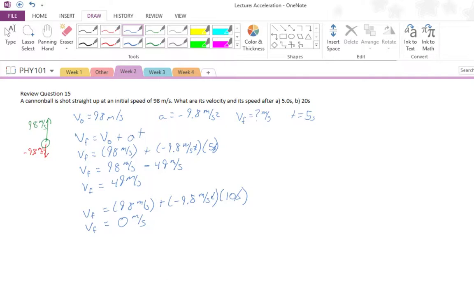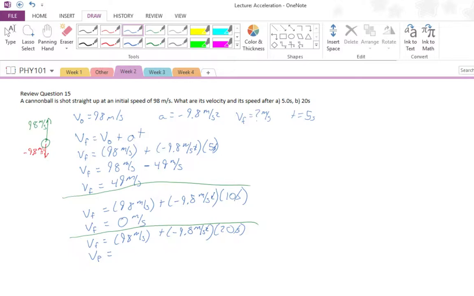And now after 20 seconds, let's go ahead and recompute one more time. We're going to use the same equation, just with a different time interval. So velocity final is going to be equal to 98 meters per second plus negative 9.8 meters per second squared, multiplied by 20 seconds. That cancels out there.